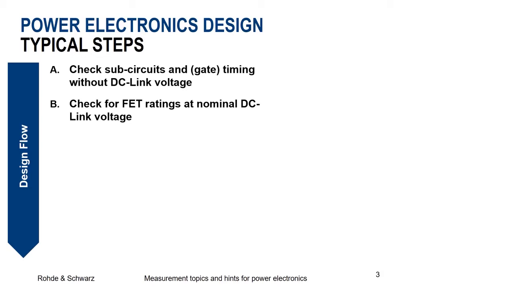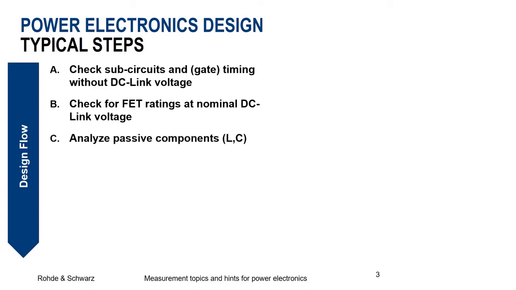Only if it's sure that the basic switches are working correctly and there's no shoot-through or anything like that happening, then it's possible to move to the next step, applying DC link voltage and then checking for the actual voltages on the switches, like if FET ratings and so on are exceeded or not.